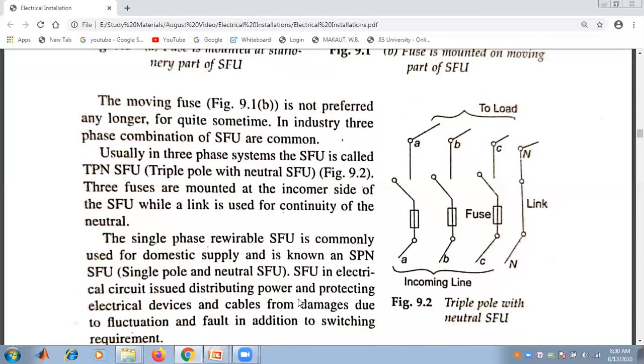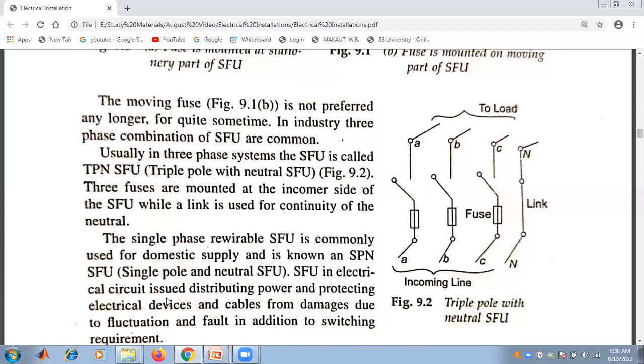For single phase, the rewirable SFU commonly used for domestic supply is known as SPN SFU or single pole and neutral SFU.